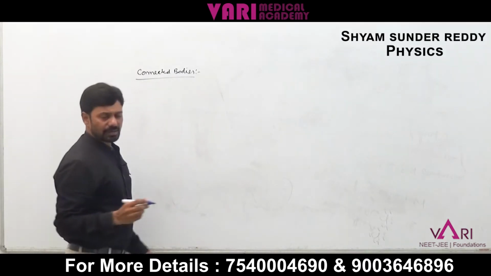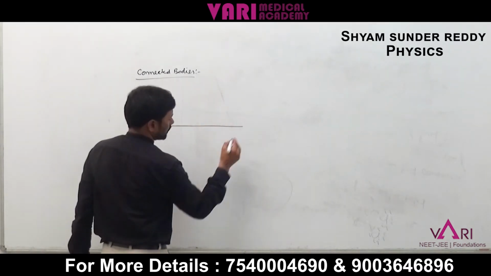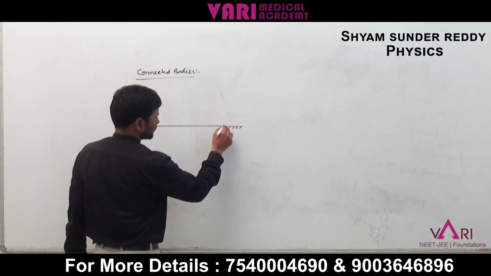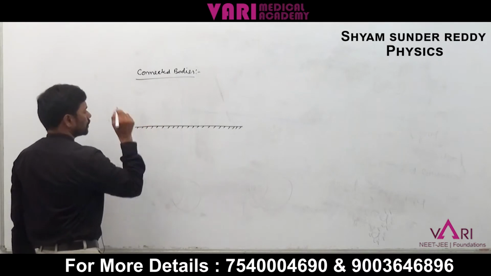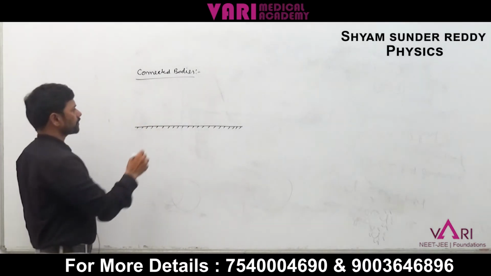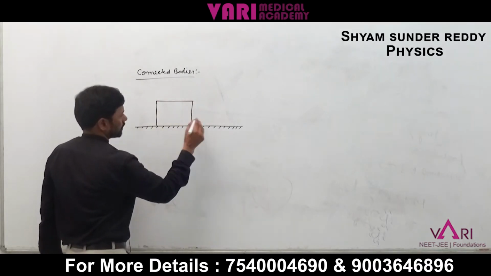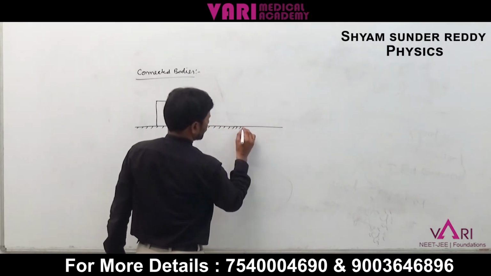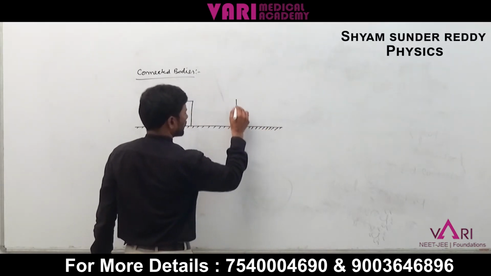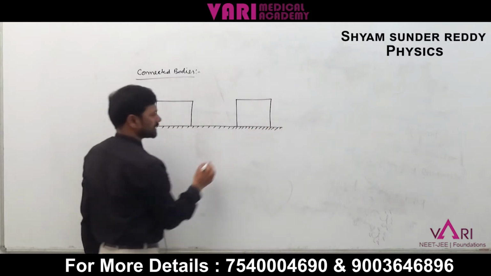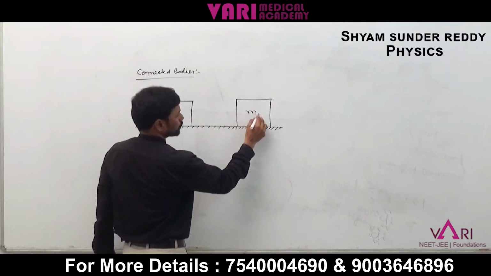Okay, take a horizontal surface. On this horizontal surface, two blocks are there: one block with mass m1 and another with mass m2.